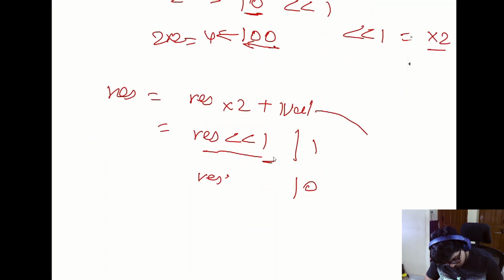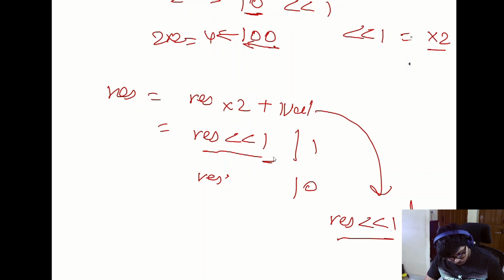So this code will get converted into this one. That is, this is equal to into 2. This is equal to or 0 val. That is, every time the last value will be always 0. And if we do or val, so if val is 1, then it will become 1.